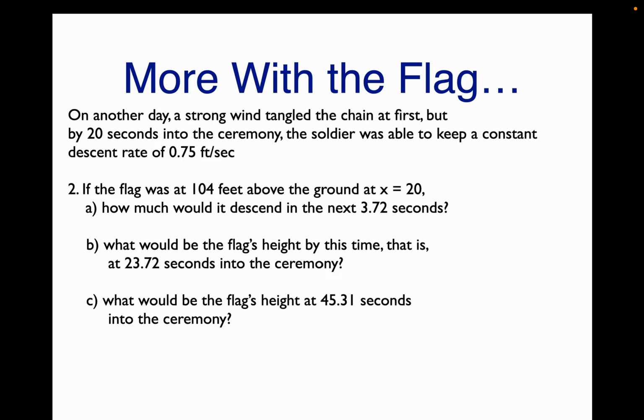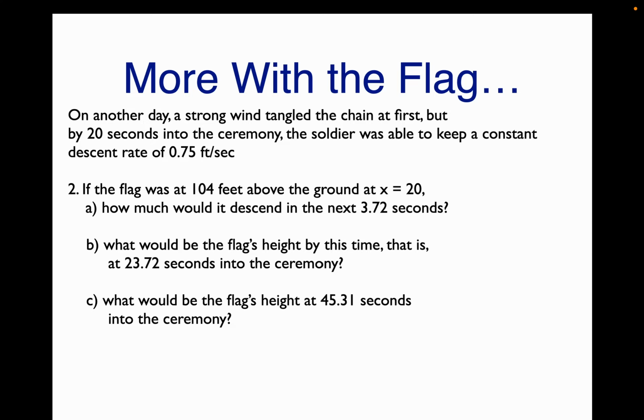And what I have here is a specific value of x, 45.31 seconds since the ceremony began. But how many of those seconds has the flag actually been decreasing in height at a nice constant rate? 25. Yeah, 25.31. How much is this past the point in time when we were able to do this nice and smoothly?